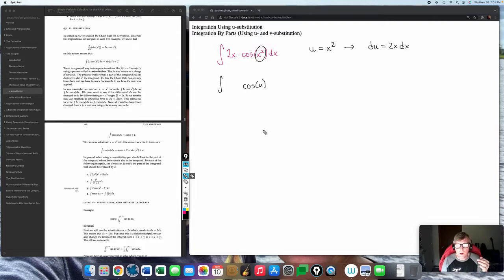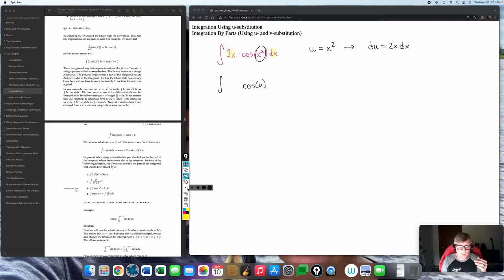Okay? Alright, so especially since you're learning this for the first time, I'm going to highlight what I haven't substituted yet. I've already got my cosine. I already know that x squared is something that I called u. And I've got to figure out what the rest of this is. What's this 2x times this dx?